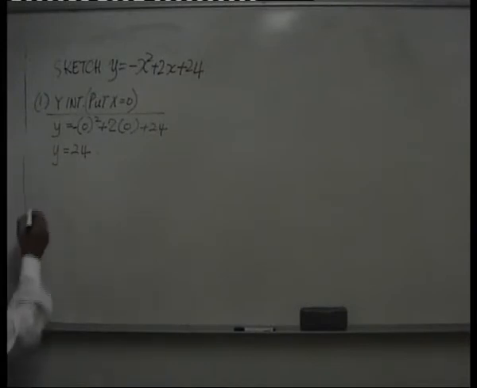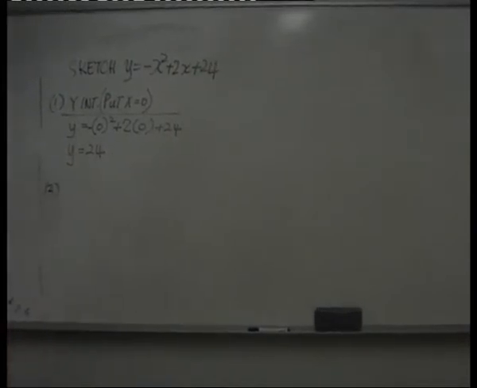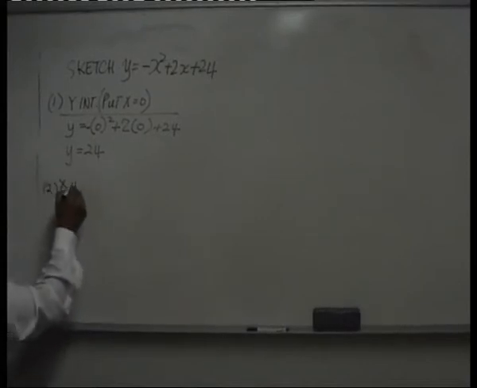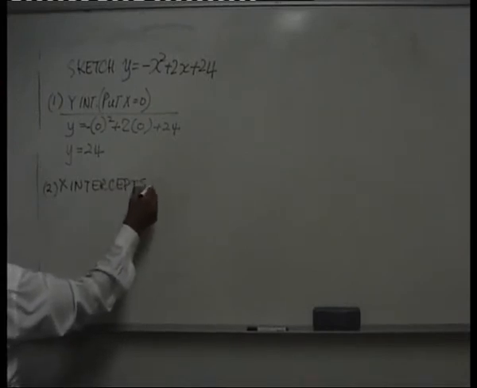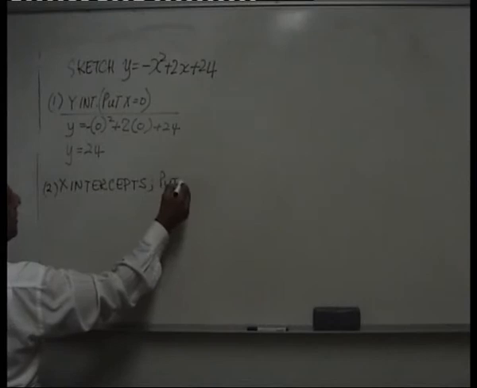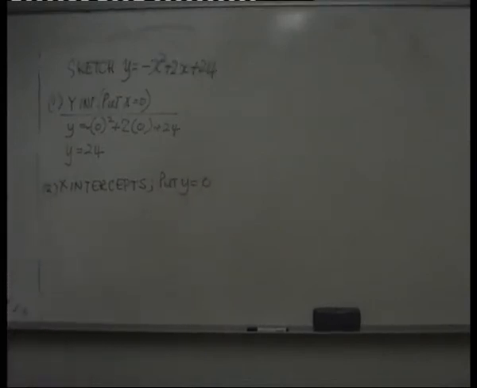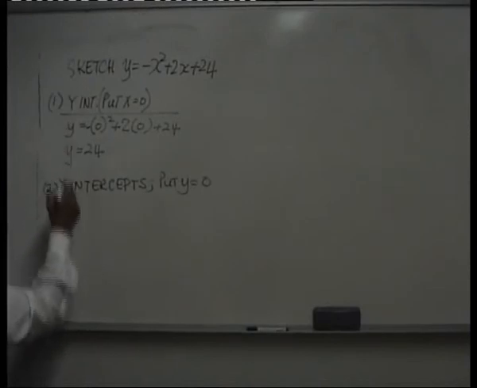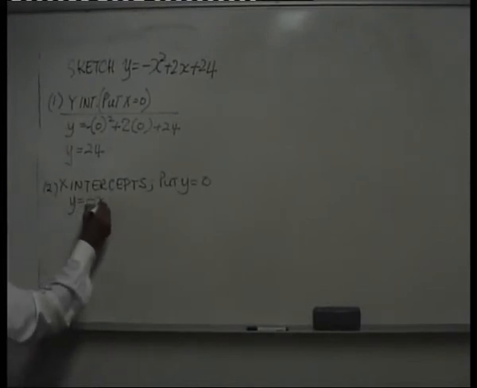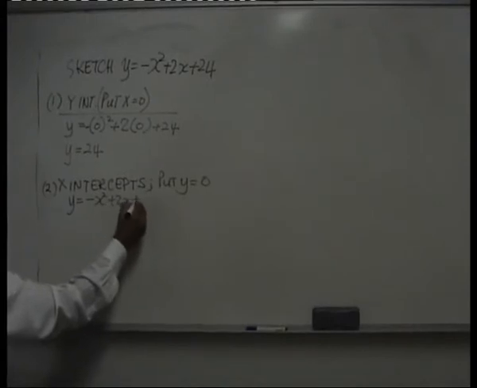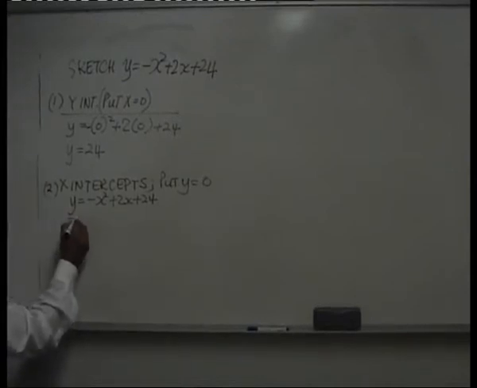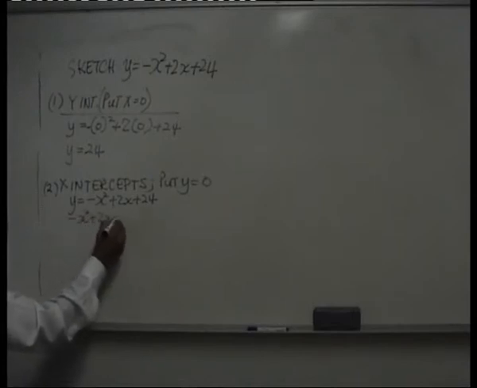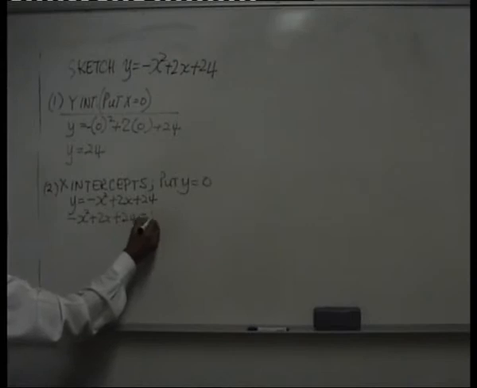Next, you want to find your x-intercept. For x-intercepts, you put y equal to 0. So, you can write that equation, y is equal to minus x squared plus 2x plus 24. You can rewrite it as minus x squared plus 2x plus 24 is equal to y.